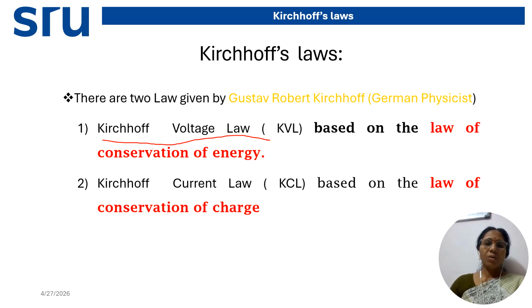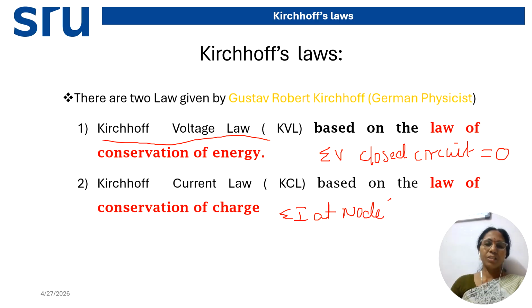KVL is the algebraic sum of voltages in a closed circuit equals 0, and KCL is the algebraic sum of currents at a node or junction equals 0. Now let us see the properties to apply while using Kirchhoff's voltage law in the next slide.